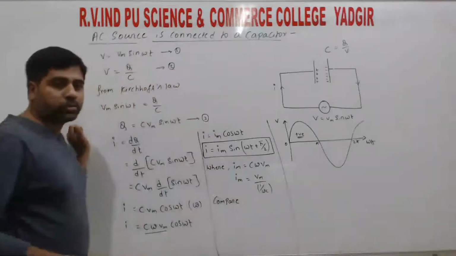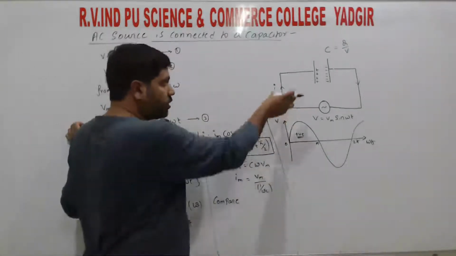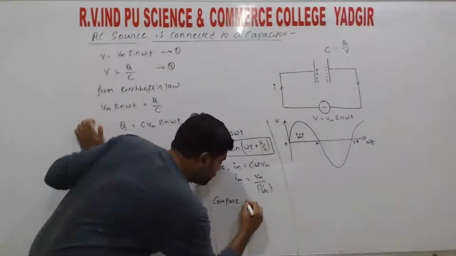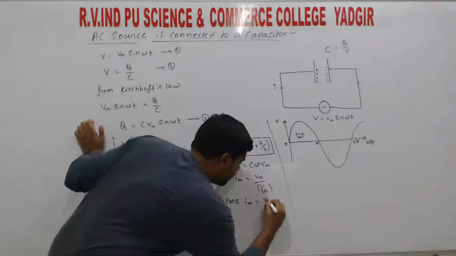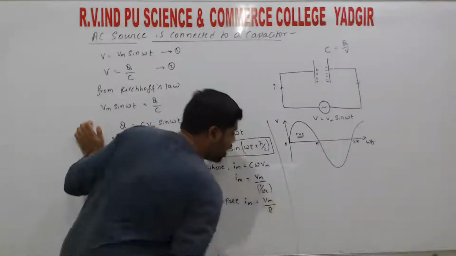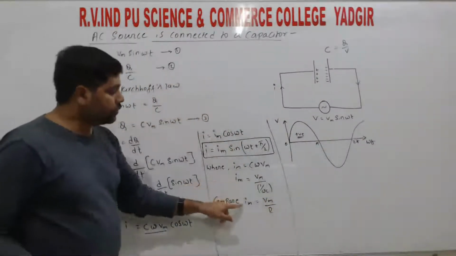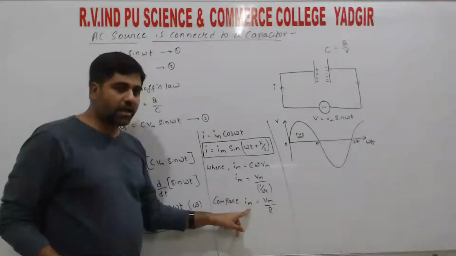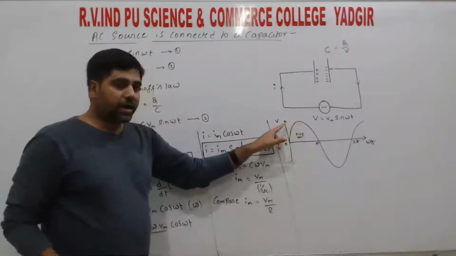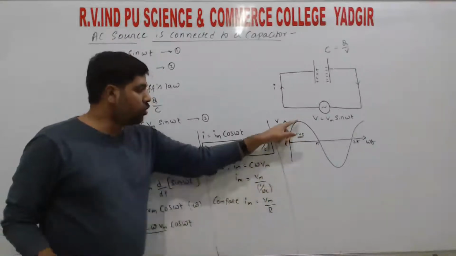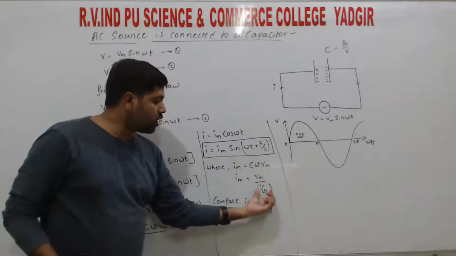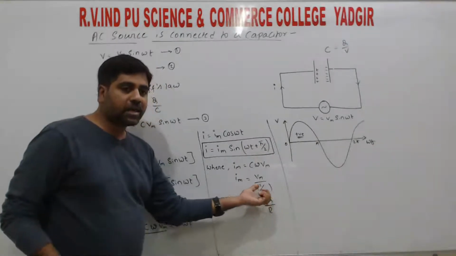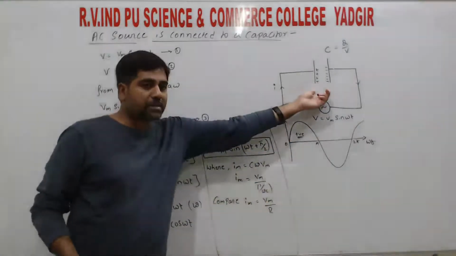with Ohm's law, or from the previous session where a resistor is connected to the AC source, right? Compare this with the equation Im equals Vm divided by R. Comparing these two equations, in place of Im we have Im, the peak current, Vm is the peak voltage, and in place of R we have 1 by omega C. That means 1 by omega C acts as a resistance in the capacitor, right?